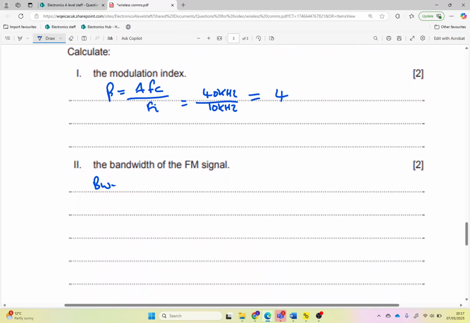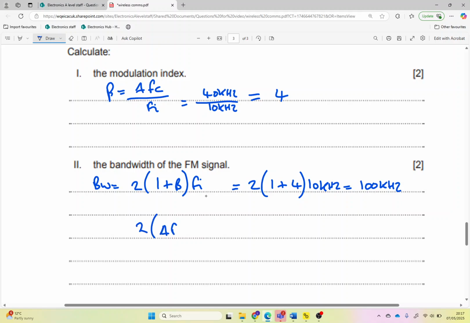Working out then the bandwidth, we've got 2 formulas we can use. I've just worked out the modulation index, so it makes a lot of sense to use this formula, with beta, and then our information signal frequency of 10 kilohertz. That gives me a bandwidth of 100 kilohertz. Obviously, the bandwidth of FM is a lot bigger than AM.